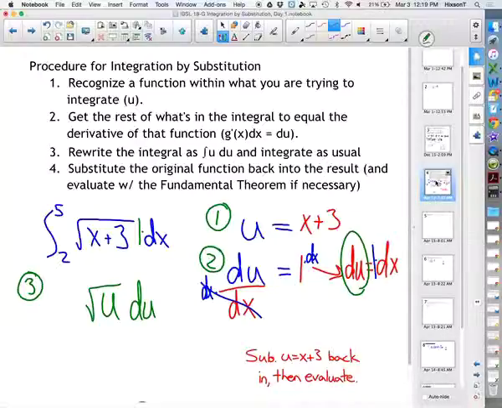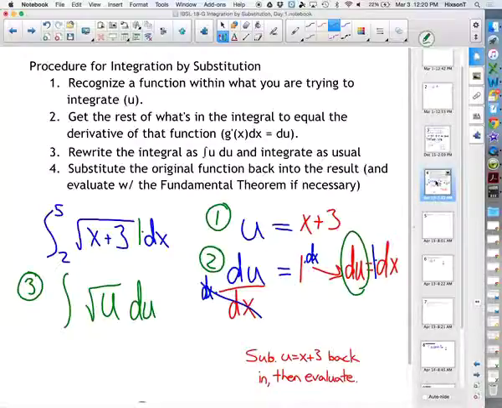So now I'm taking the integral of the square root of u du. So notice, number 1, recognize what u is. Number 2, get the rest of what's in the integral equal to the derivative of that function, that g prime of x dx, or du, what we have over here.